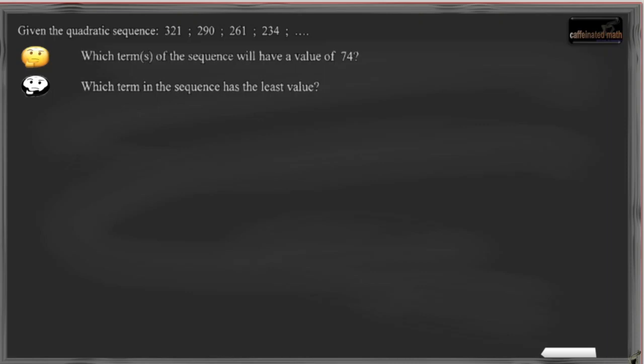That then leaves us with n squared minus 34n plus 354 will equal 74. Well, if we subtract that 74 from both sides, we get our 0 on that side, n squared minus 34n plus 280 will equal 0.